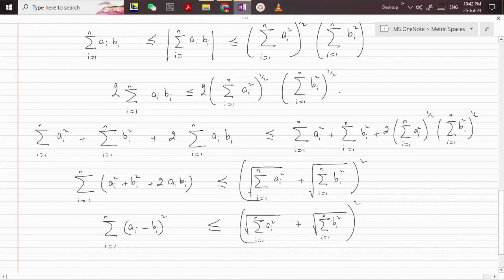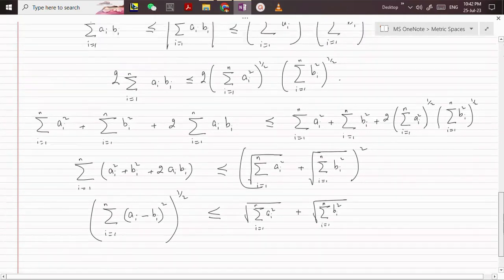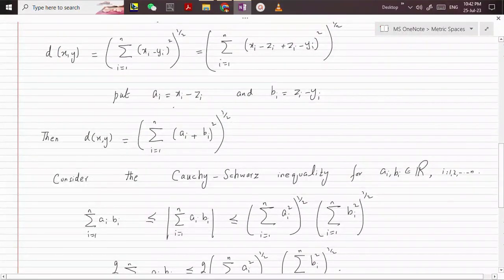When we take a root on both sides, what we have is this value, okay. And what is ai and bi? Ai is xi minus zi and bi is zi minus yi.